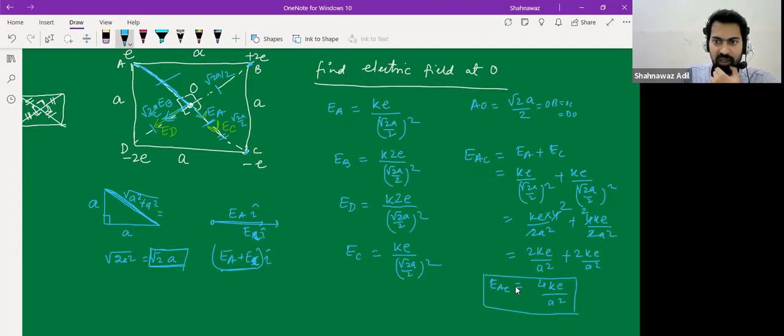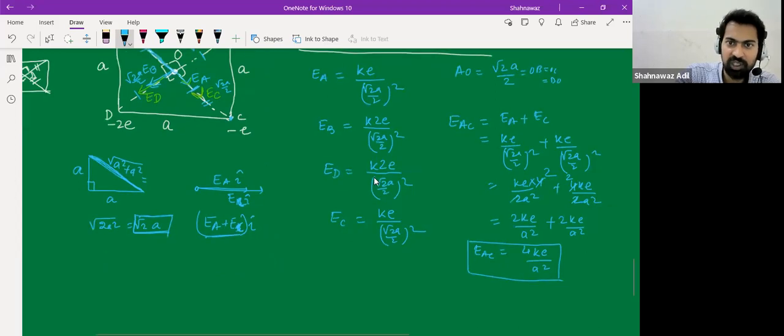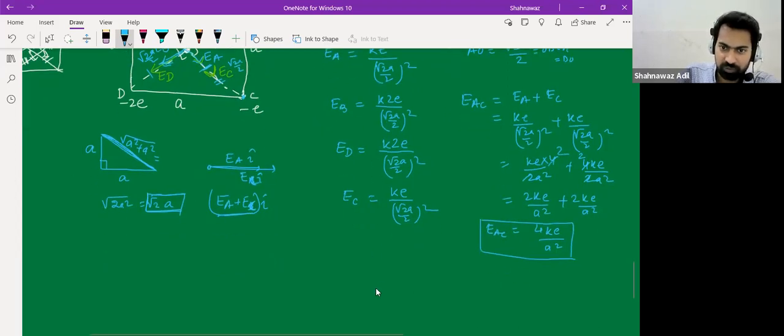And let us calculate this BD also. So BD would be how much? K2E by root 2A by 2 whole square plus K2E by root 2A by 2 whole square. Correct.